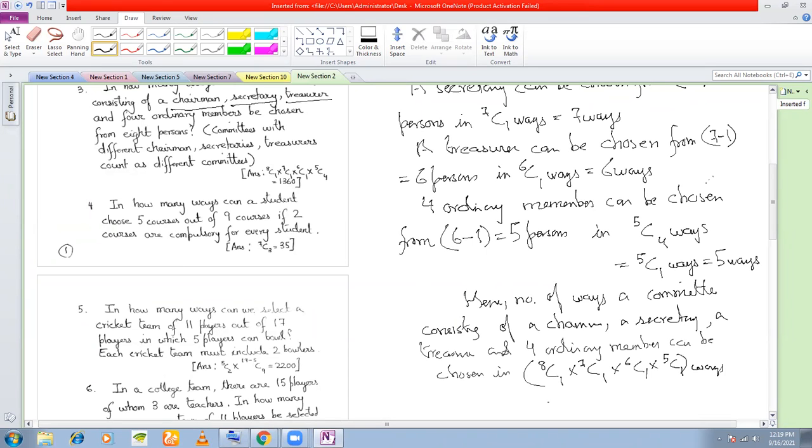Okay, which is equal to 8 into 7 into 6 into 5, which is equal to 1680 ways.